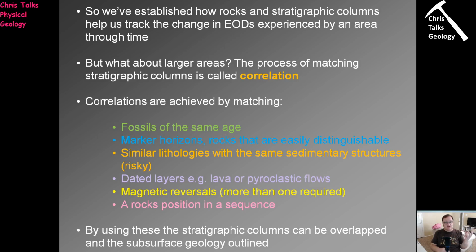So if I go to location A and I have a black limestone, that's a limestone that's very, very rich in organic material, so it has a dark colour. If I go to location B and I find a black limestone, same thing, limestone full of organic material, well, that is relatively rare. So chances are that black limestone at location A and the black limestone at location B are the same layer of rock, and therefore I can correlate them.